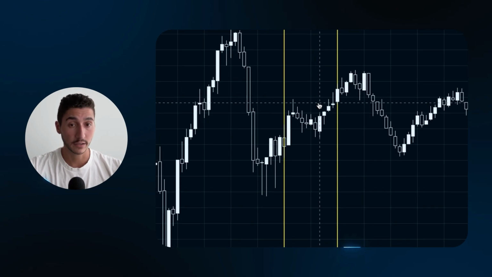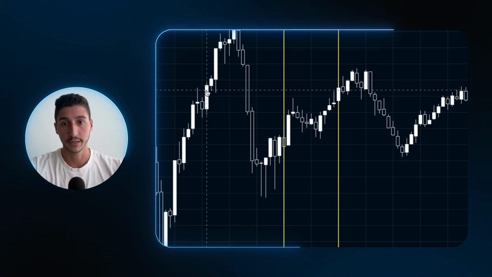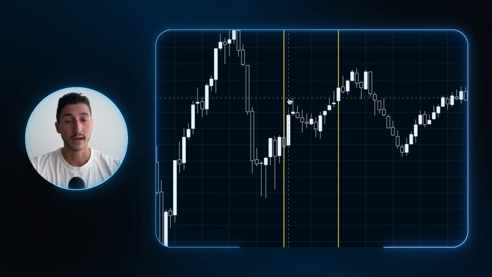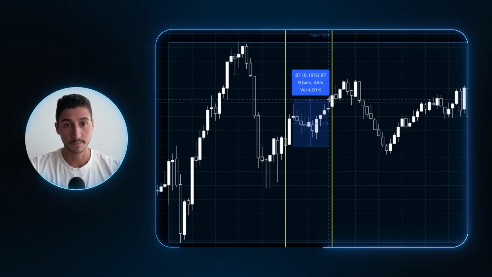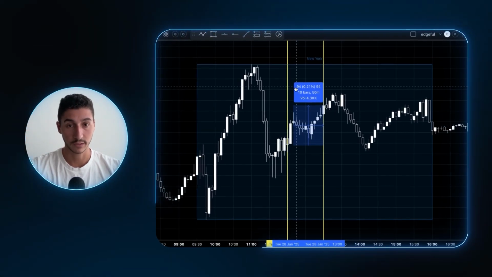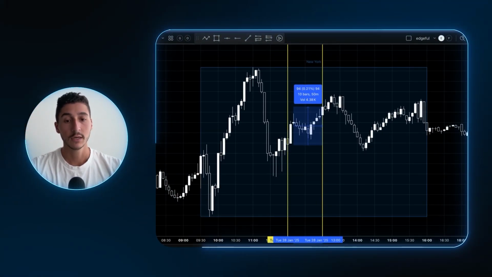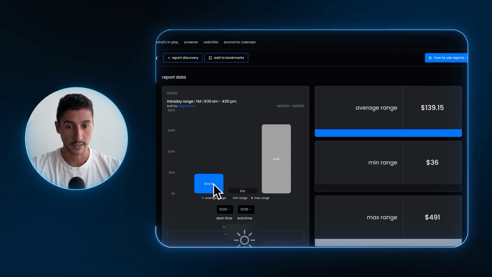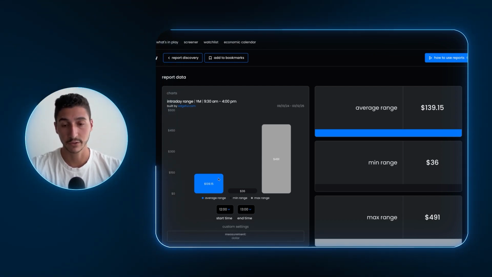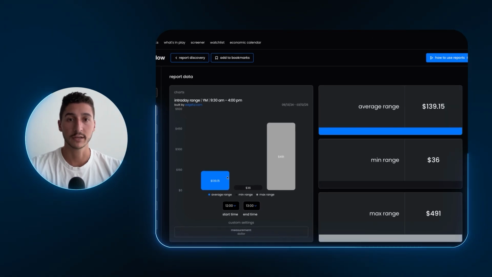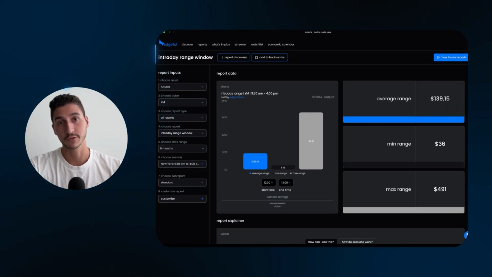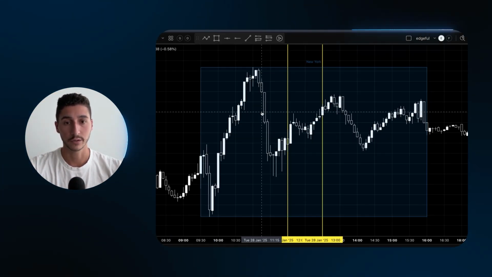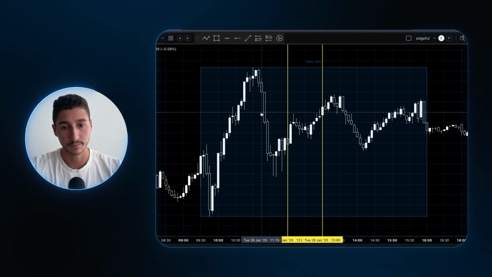I don't want to leave money on the table because I want to know that the average ranges are larger. And in this case, you can see this range happened to be less than 100 points. It was 94 points. If you know that the range at this time is less than average or less than the open, this helps you maximize your winners because you can pull your profit targets in and have your profit targets actually get hit.